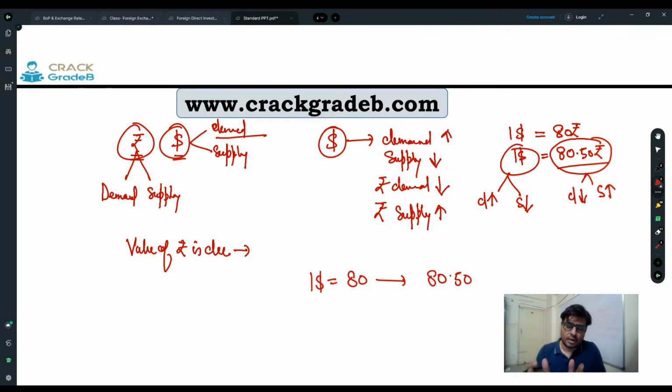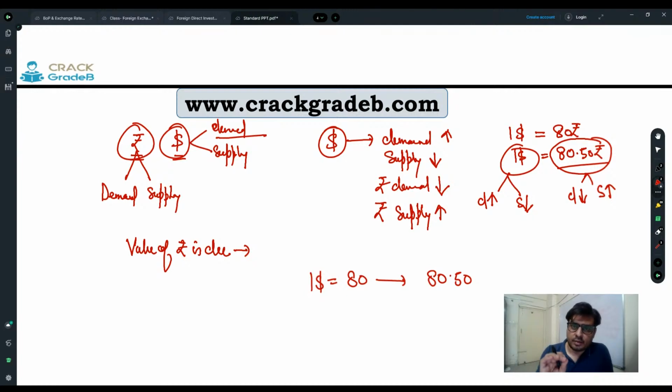If you see the foreign currency market, they will mention that because of excessive demand of US dollar in the international currency market, the rupee depreciated.